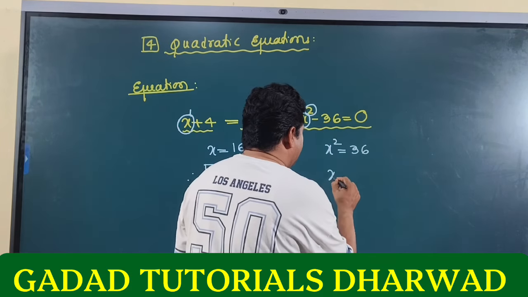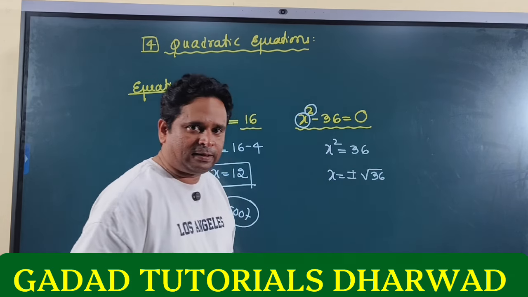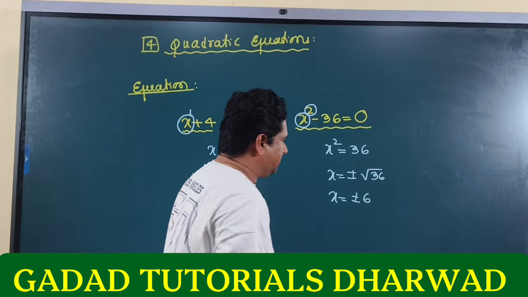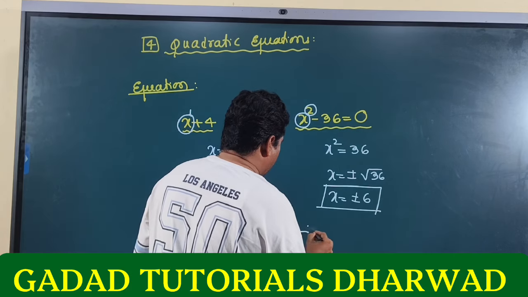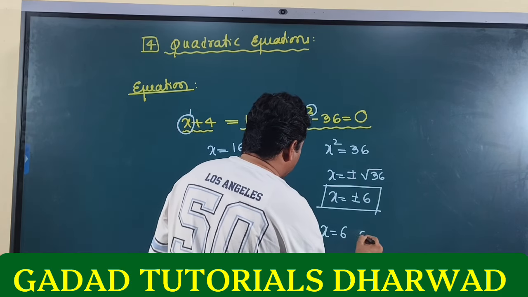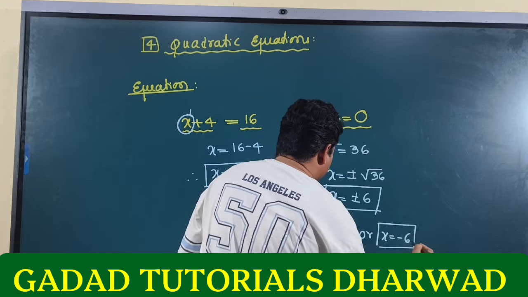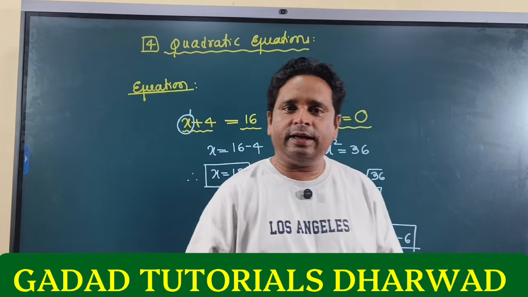Then x equals plus or minus root 36, x equal to plus or minus 6. Here we have two roots, x equal to 6 or x equal to minus 6. These are the two roots of the quadratic equation.